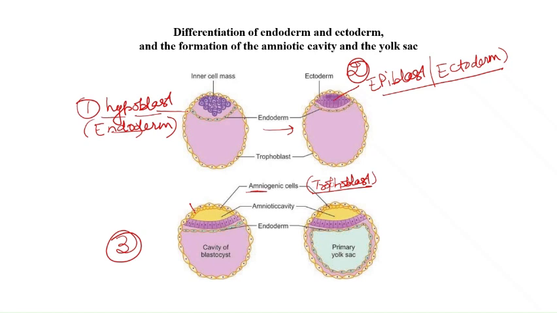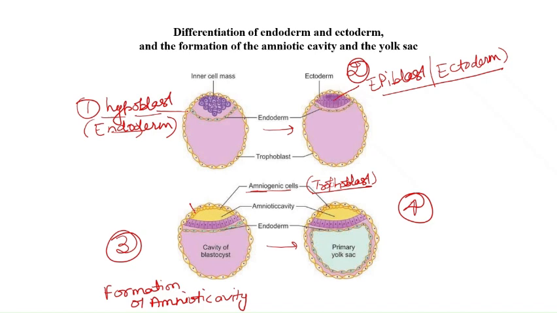So you can see the next stage is the formation of the amniotic cavity. Its floor is formed by the epiblast and roof is formed by the amniogenic cells, and amniogenic cells are derived from the trophoblast.